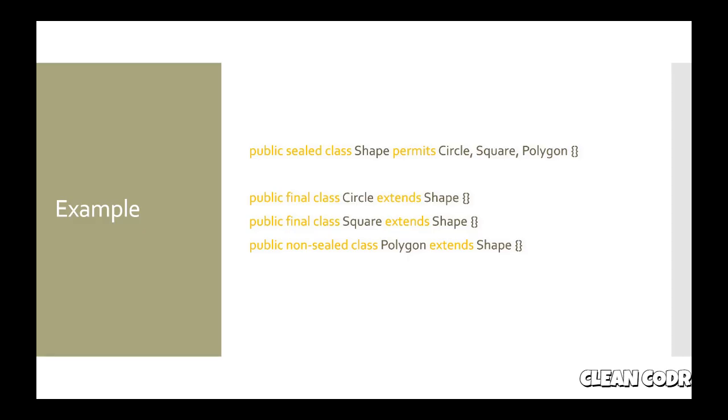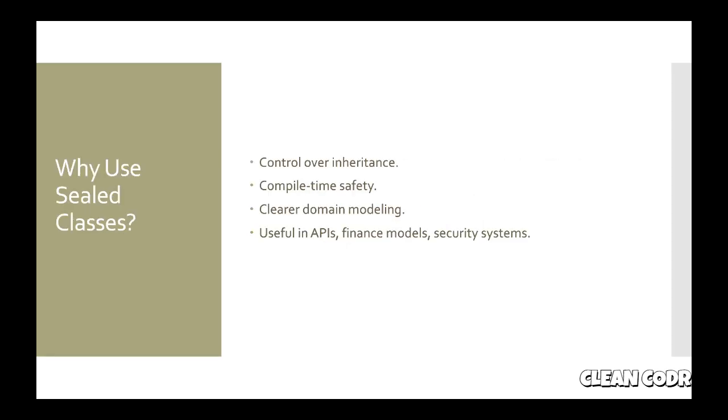And Polygon is non-sealed. You cannot extend a sealed class without providing either final or non-sealed. Now, what does non-sealed mean? Non-sealed means Polygon is allowed to be further extended, while Circle and Square, being final, are not allowed to be further extended.